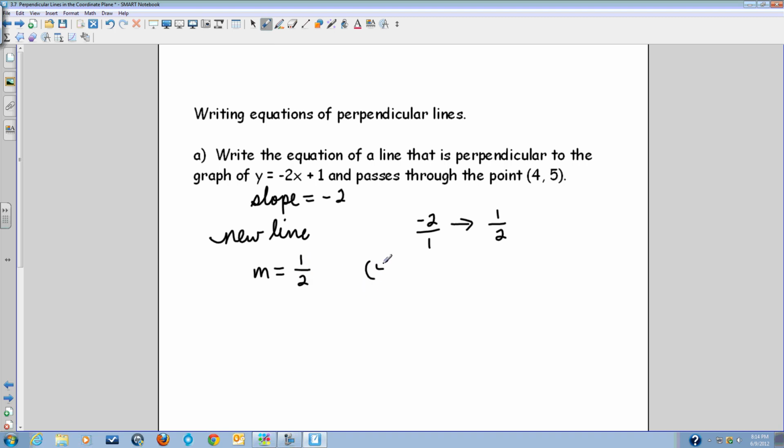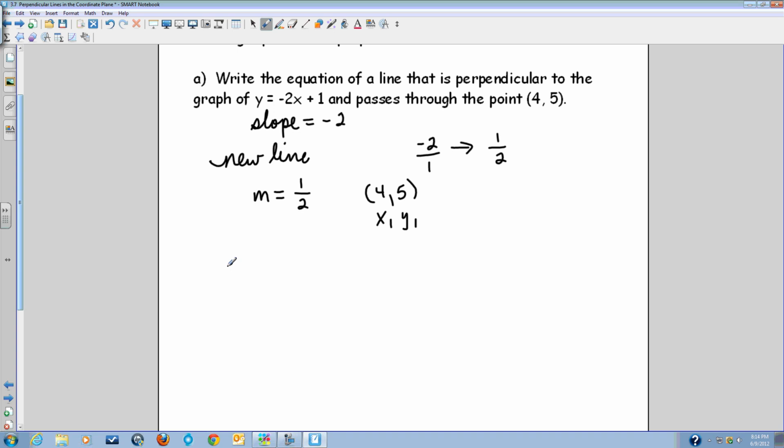We already know it passes through the point (4, 5), so we're going to call that x1, y1. And as you'll recall from the previous lesson, we use our point-slope form of a straight line to actually find the equation of this new line. Let's plug in our values. So we're going to have y minus y1, which is 5, equals m, which is 1/2, times x minus x1, which is 4.